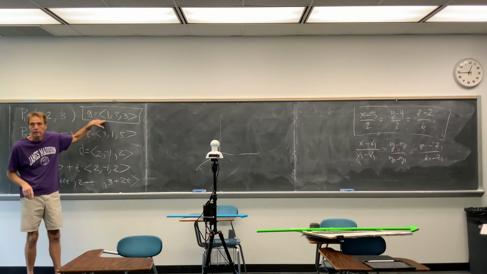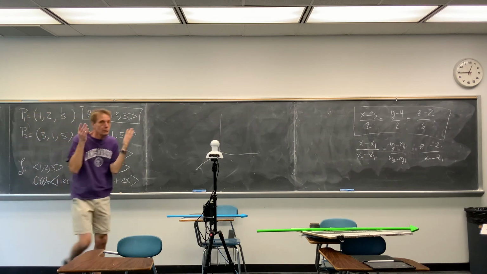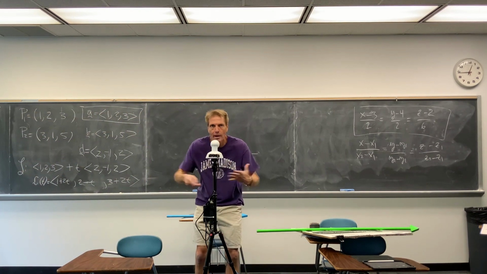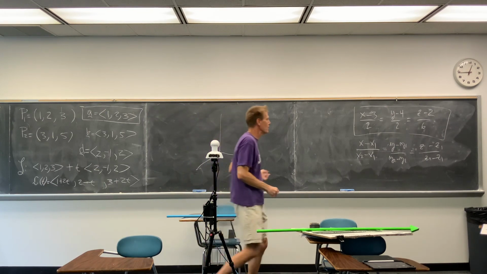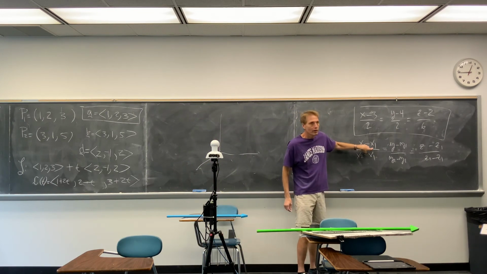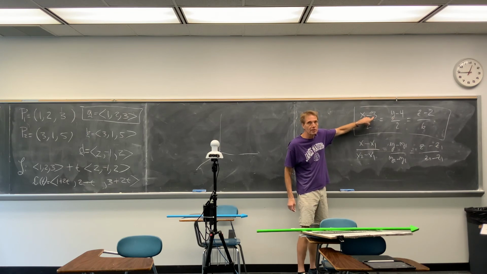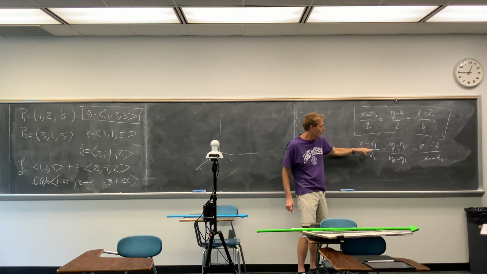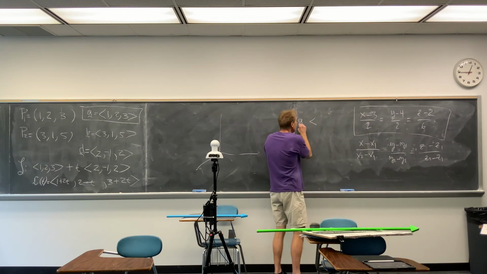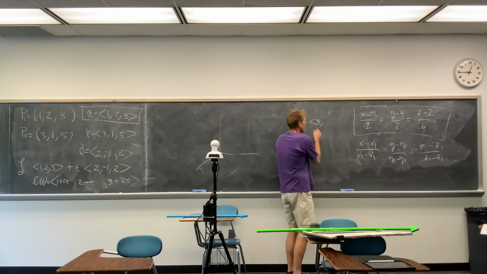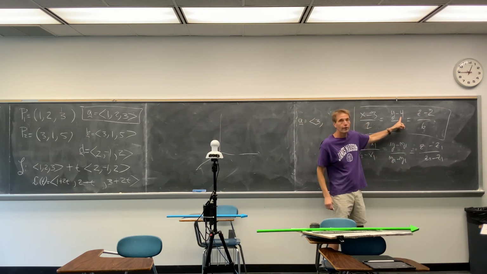can you get a position vector pretty easily? If you have a point on the line, can you find a position vector? So look up here in the x1 location. What number is that? 3. So I can get a position vector.